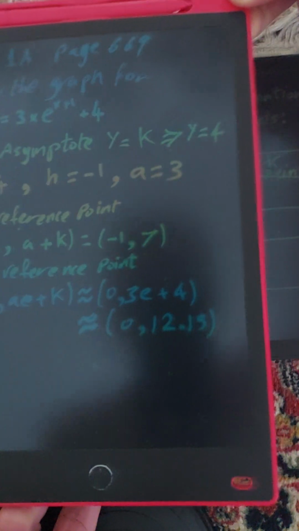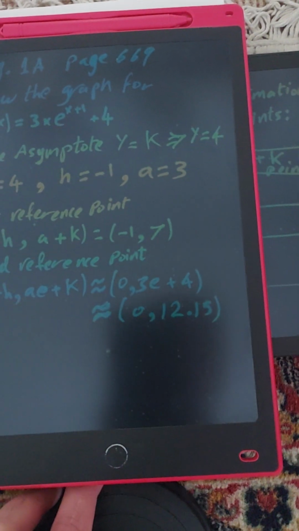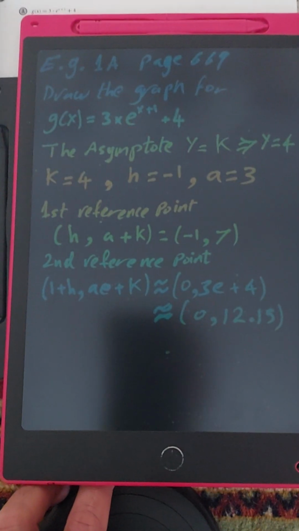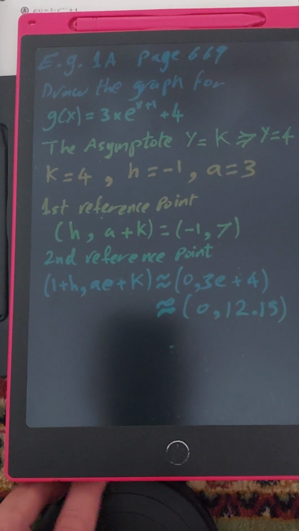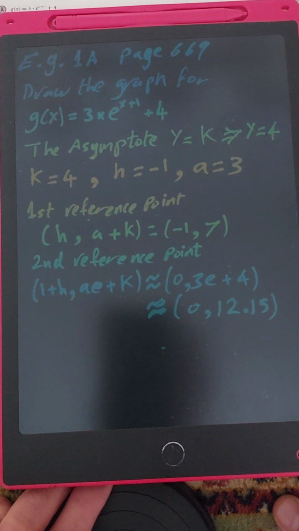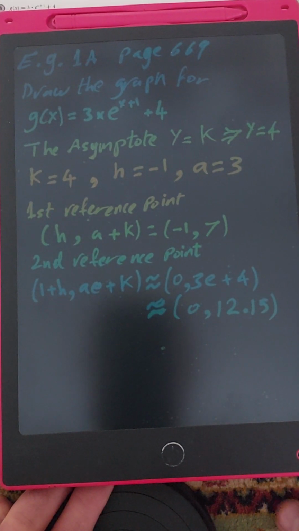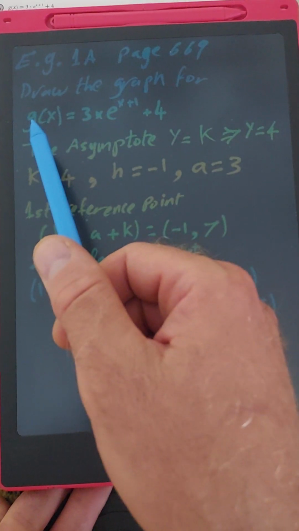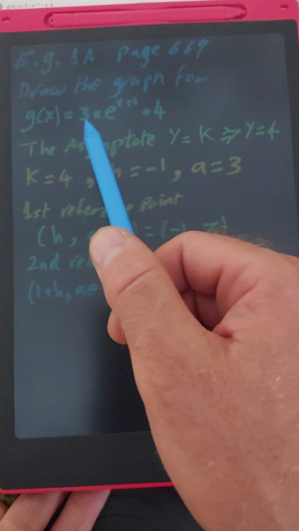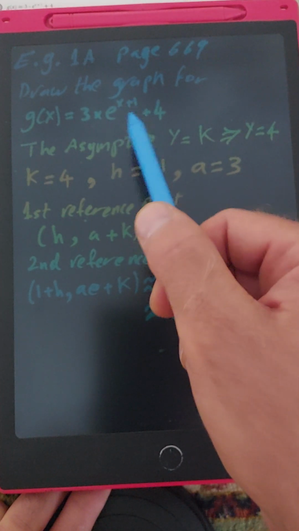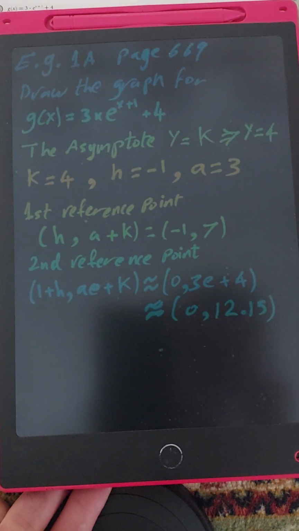So we're going to take a quick example on the graphing. For example 1a, page 669, we're going to draw a graph of the combined transformation function g(x) equals 3 times e to the power x plus 1, plus 4.